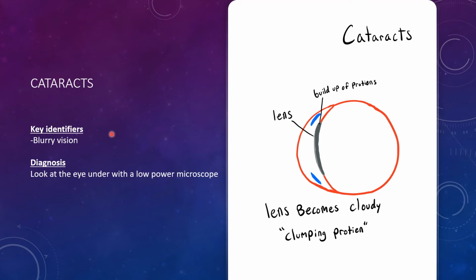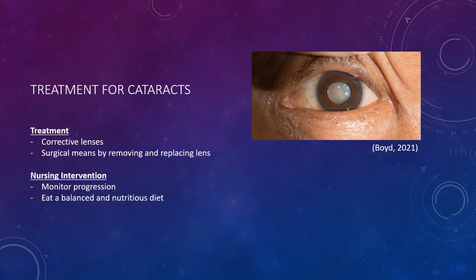The eye looks cloudy, which is due to the clumping of proteins, as the lens is made up of proteins and fluid from the eye. We can diagnose this by looking under the eye with a low power microscope, or if it's severe enough, you can see it with the naked eye as a white or cloudy eye. As explained right here.